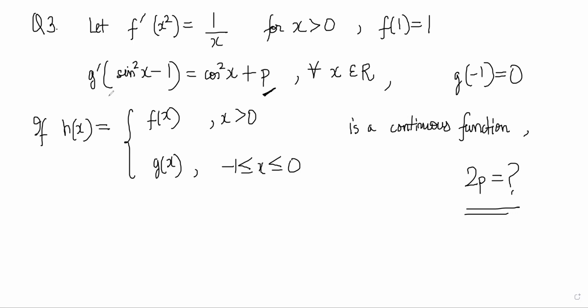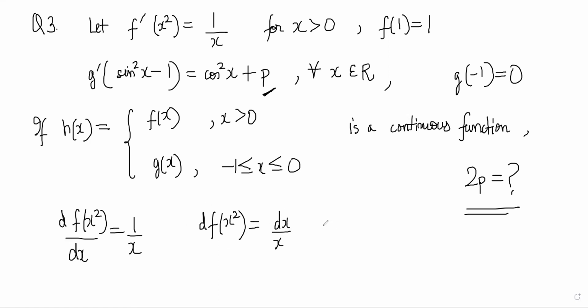Let's think about that. We have d of f of x square by dx is equal to 1 by x. So we can solve an integral here, and d of f of x square is equal to dx by x, and integrate both sides. You should get f of x square is equal to ln x plus some constant, right?